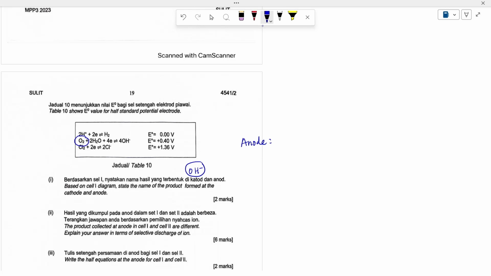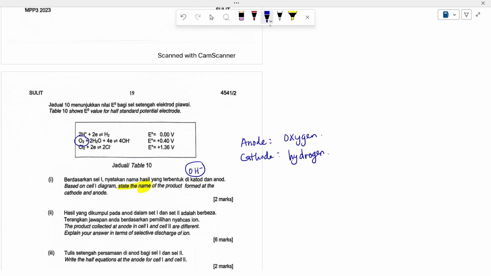But you need to use the name, so we must write the name. So it will be oxygen gas. Meanwhile at the cathode only one, that is hydrogen, so hydrogen gas.